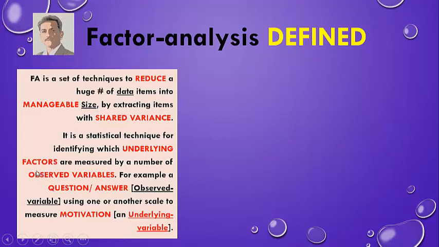Their attributes are the observed variables, which are converted into questions, and the answers are collected from the respondents. While underlying variables are not visible, rather, they are computed by the values placed in the observed variables. For example, a question answer observed variable using one or another scale to measure motivation, which is an underlying variable.